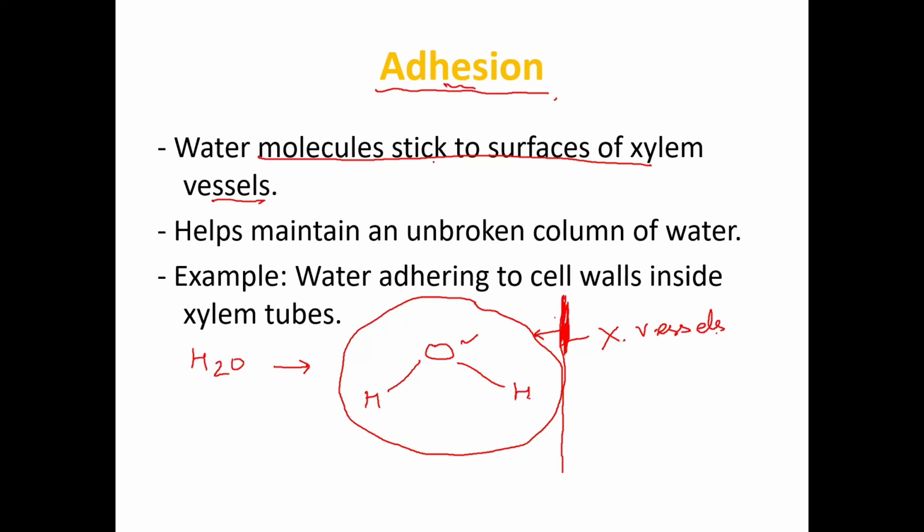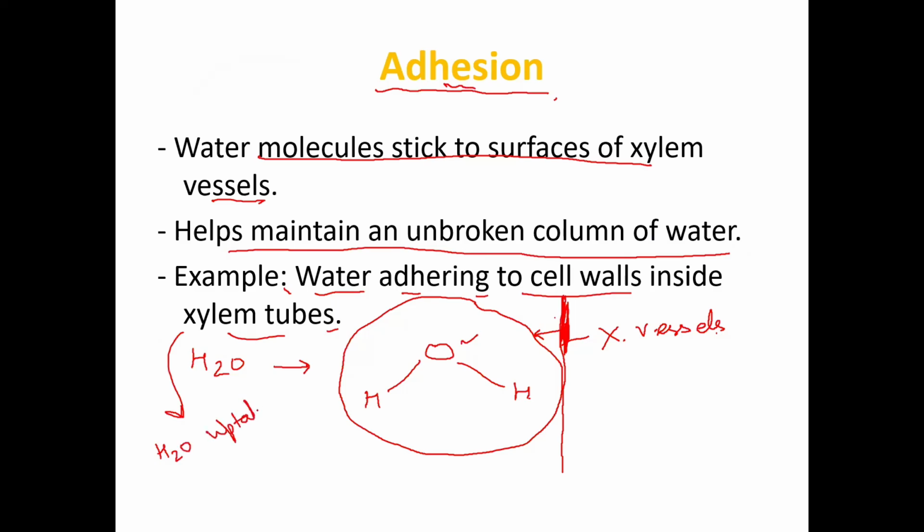You can say it is a force of attraction between two dissimilar molecules. It helps to maintain an unbroken column of water. For example, water adheres to the cell wall inside the xylem tube, leading to water uptake.